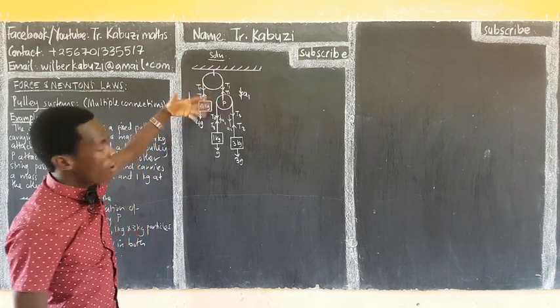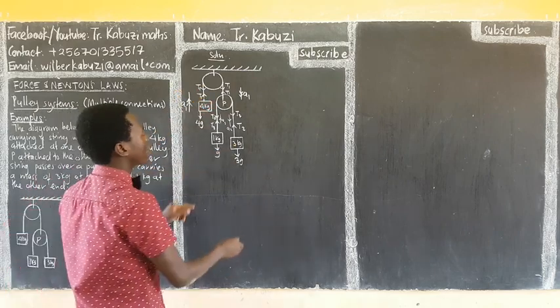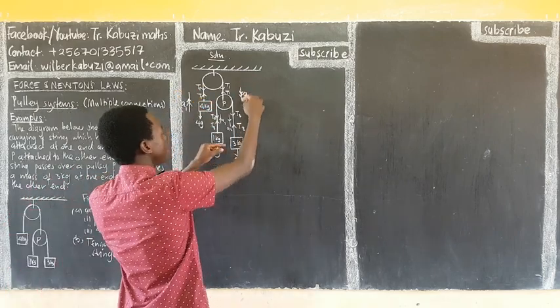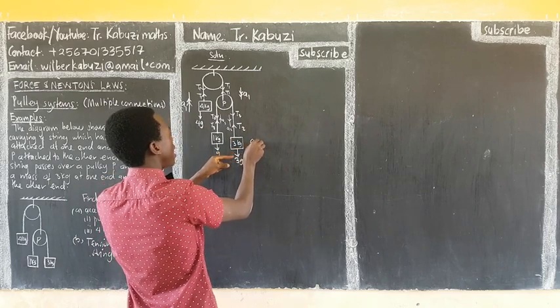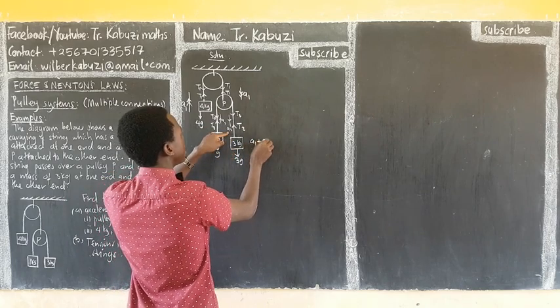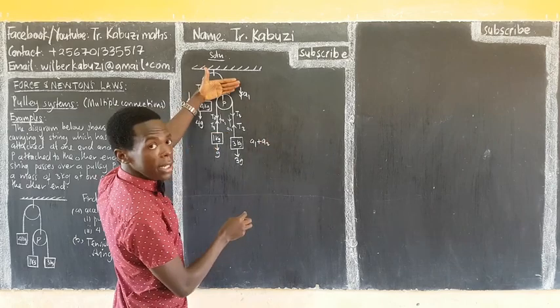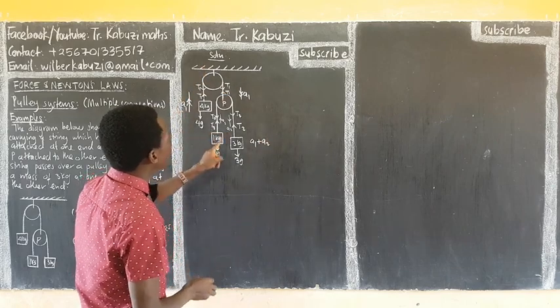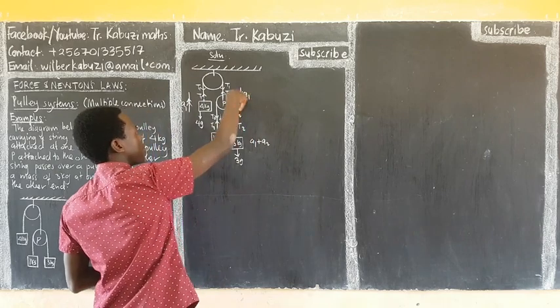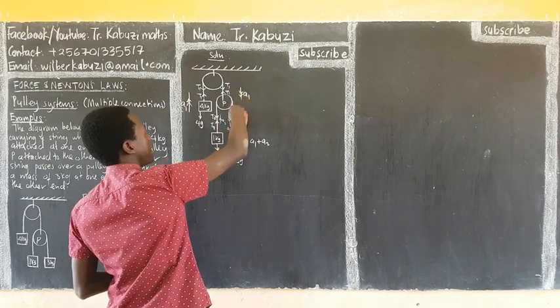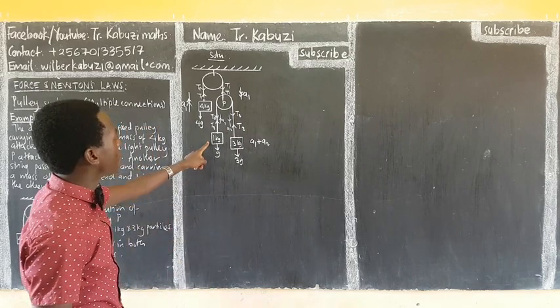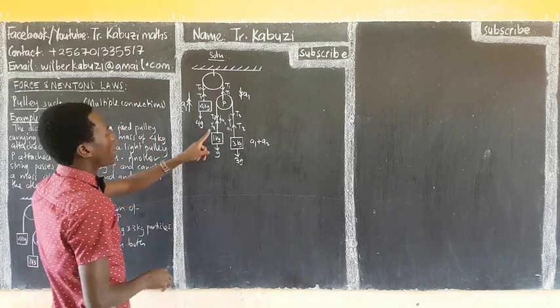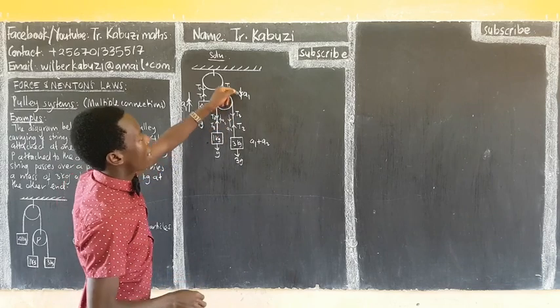Now, the overall acceleration of this particle is going to be, because this one is having this acceleration and also this one, this particle is going to be having an acceleration of A1, then plus its own acceleration in this pulley, because this one is moving in the same direction as this one. That's why we have that. Now, when you come to this one, the acceleration of this particle, you see it's moving there, and then this one is moving down.